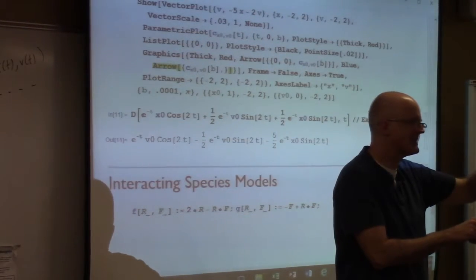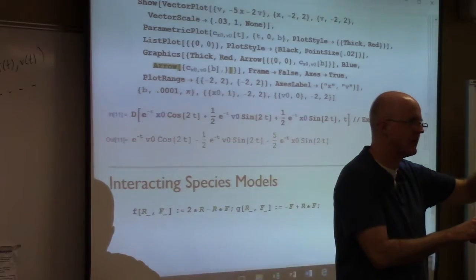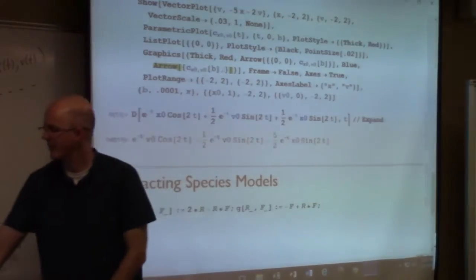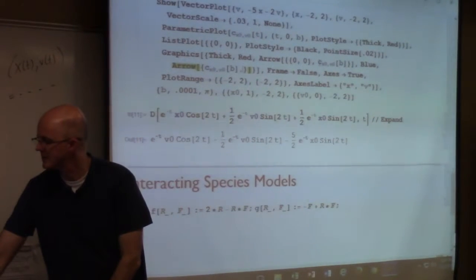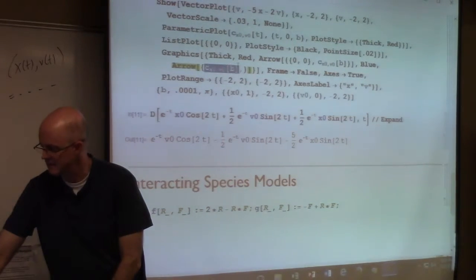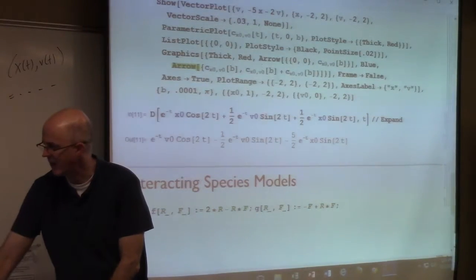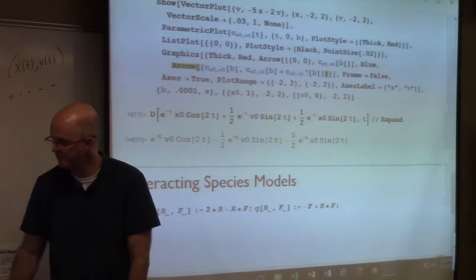I have to add C and C prime for the endpoint of the velocity vector. So the endpoint of this is essentially C plus C prime. Put a prime in here for the derivative.